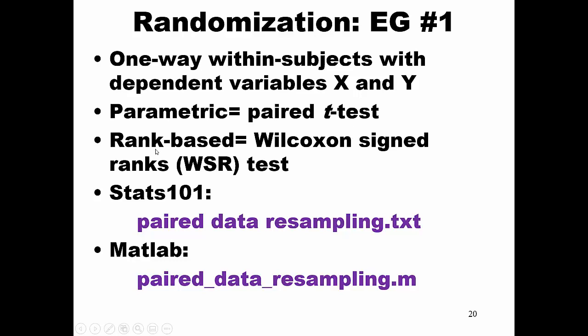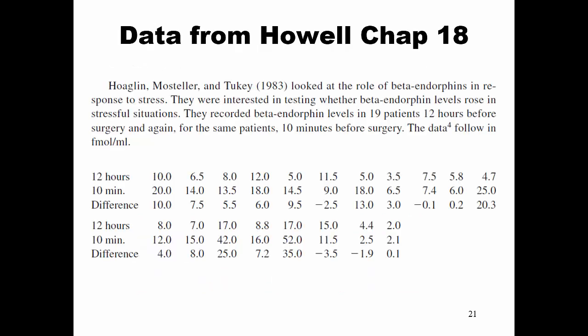And if we wanted to use one of our rank-based non-parametric statistics that we talked about in an earlier screencast, you would use the Wilcoxon signed ranks test, one of the first ones I learnt about as an undergraduate. I've created some code in both Stats 101 and Matlab with these file names, and they will be available in the description below, which carry out the resampling randomization tests in this example.